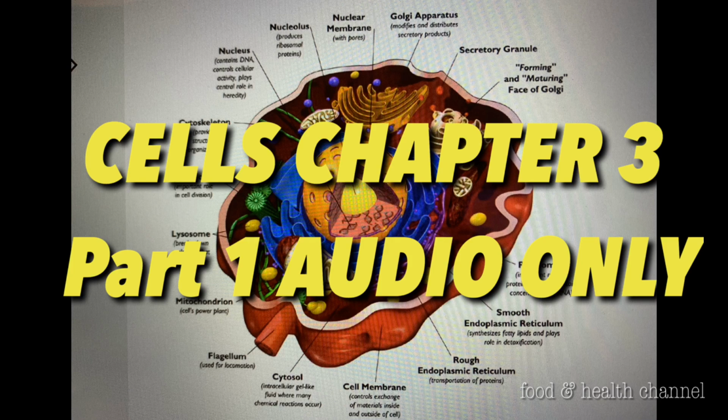The RBC is shaped like a frisbee and is able to bend. The shape allows it to squeeze through tiny blood vessels and deliver oxygen and other nutrients throughout the body.